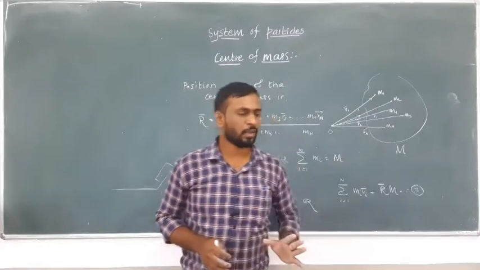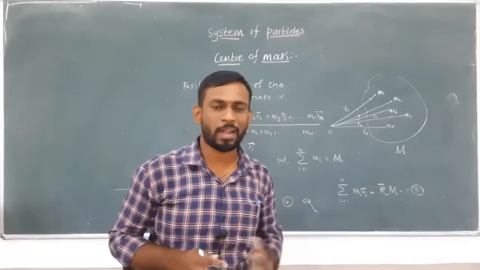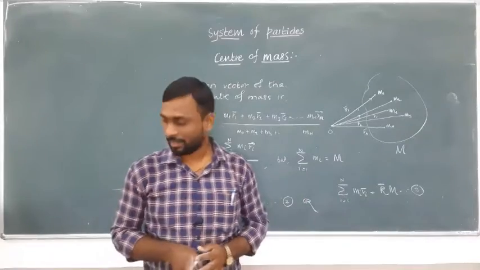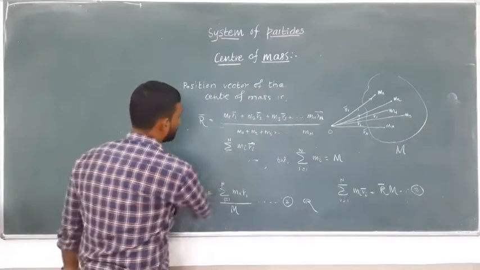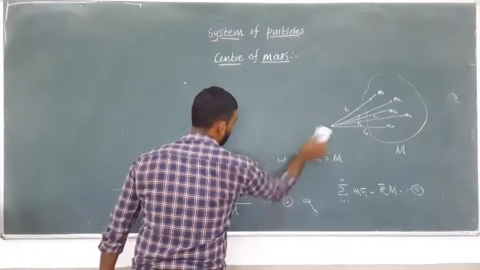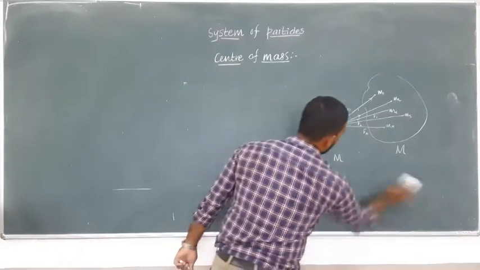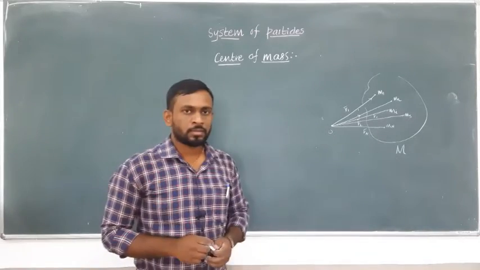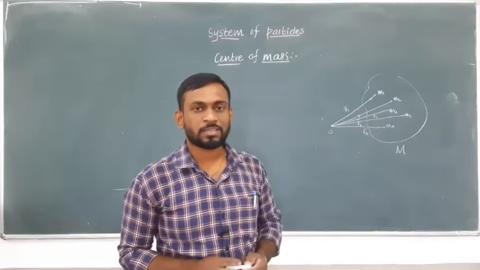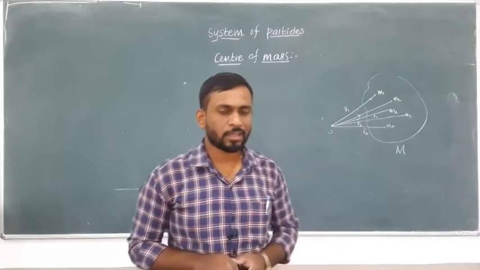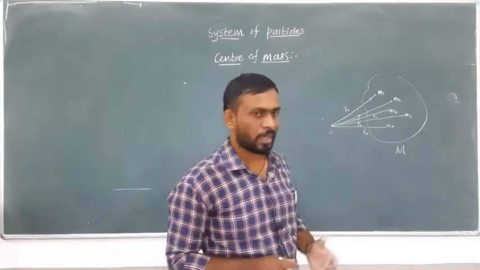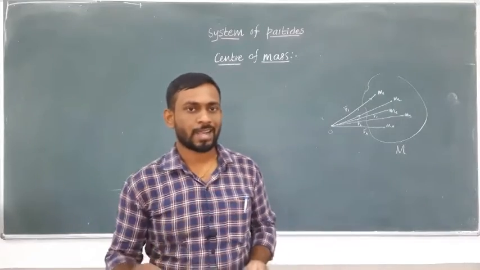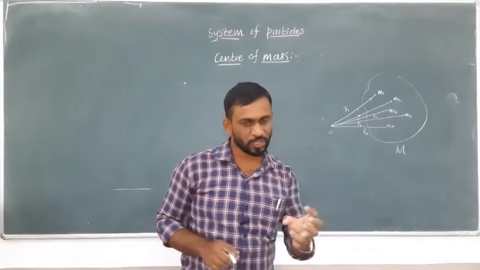Suppose the system consists of m1, m2, m3 and so on particles, and this system experiences an external force. Suppose you have a system made up of some tiny particles, and the system is under an external force. Suppose you consider a system which consists of n number of particles. In a daily example, consider a sponge ball made up of tiny particles, and this sponge ball is squeezed like this.